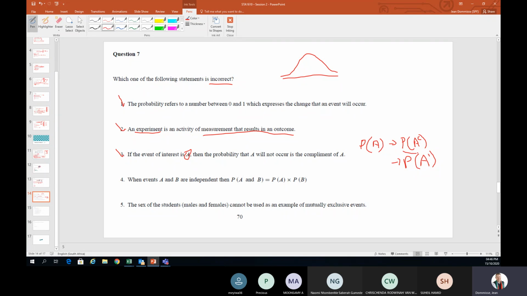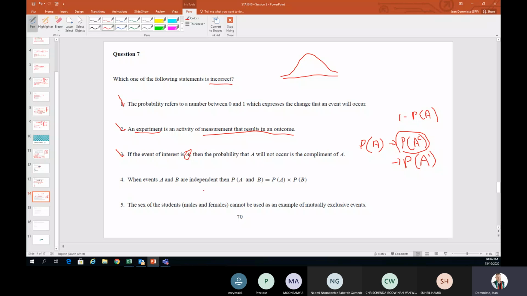And how you get that is by saying 1 minus the probability of A. So if the probability of A was 0.6, the complement of A will be 1 minus 0.6, which is 0.4. Okay, so let's look at the next one.